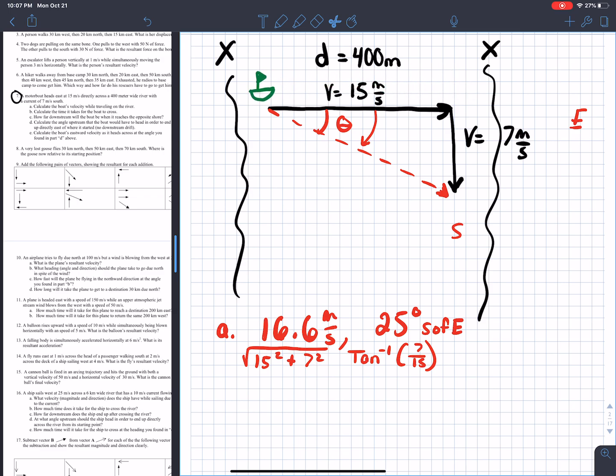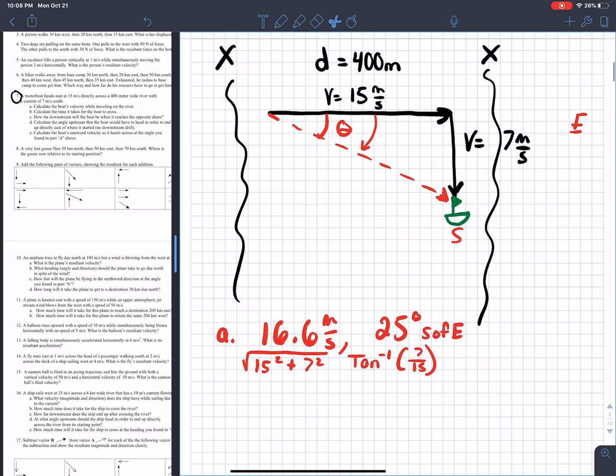But as your boat moves straight across the river, it's being pushed down at the same time, okay? So it ends up having a resultant velocity of 16.6 meters per second, and the angle that it's going to be pushed downstream would be at a 25-degree south of east angle.